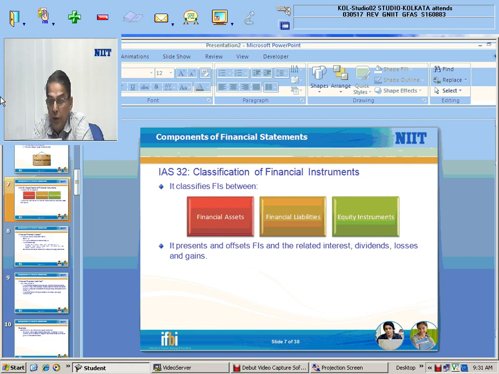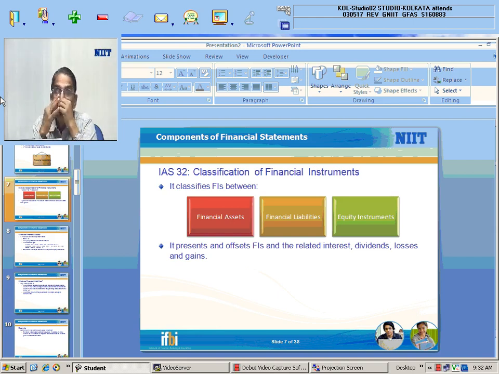Each of these three terms has specific definitions, which you will see immediately after this slide, which help entities to determine which items should be accounted for as financial instruments.